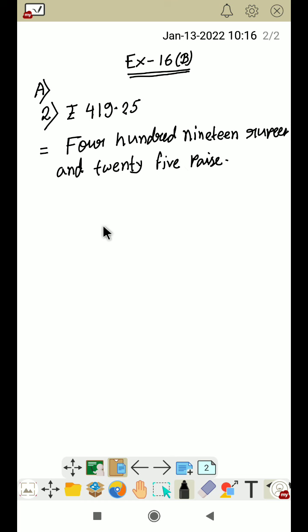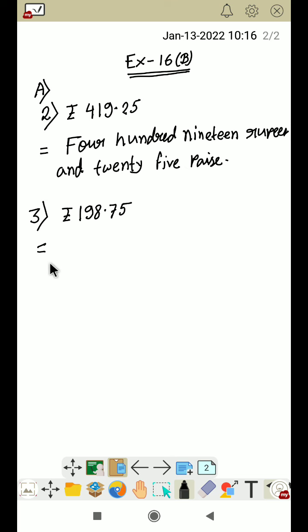Okay. Now let's see another example like this. Look at question number 3. Question number 3 is given here, 198.75. Before the point this is rupees, and after the point this is paise. So how to write it?